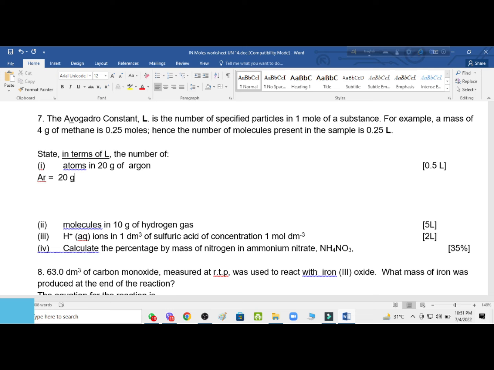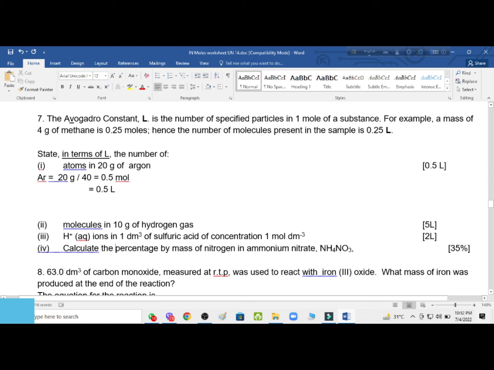So if you divide this with the molar mass of argon, which is 40, that you get from the periodic table, this is 0.5 mole. And is this number of molecules or number of atoms? For argon, this is atoms. Number of atoms? No, this is mole. And how to convert the mole into number? For example, the mole is to be multiplied with L, or Avogadro number. So 0.5 into L. So you get the answer.